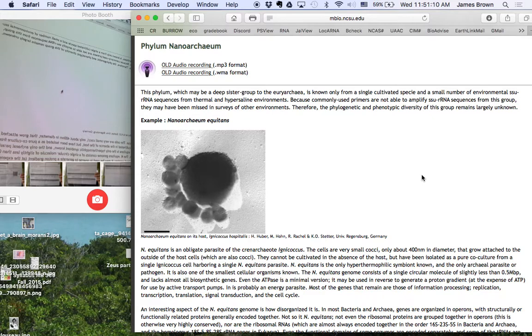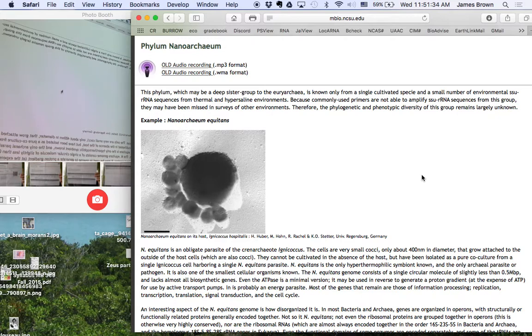This disorganization is found even within single genes. What do I mean by that? There are a number of tRNA synthetase genes in this organism where the two domains of the protein are encoded in separate genes. And those two peptides come together to make the functional protein.